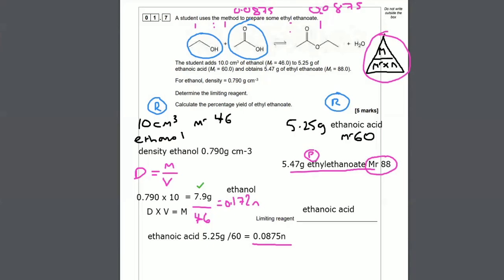So let's see the maximum mass of ethyl ethanoate produced. It's going to be 0.0875 moles times 88.